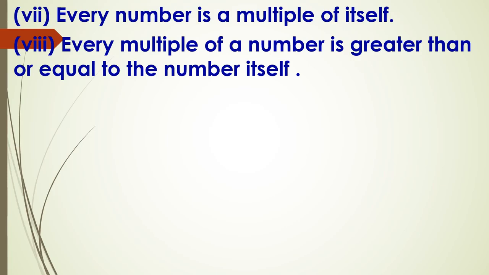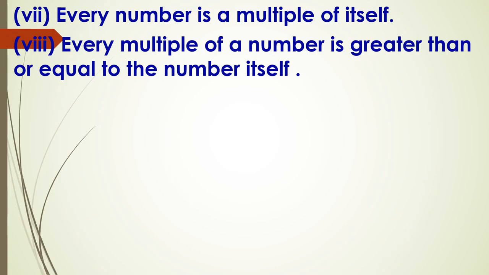Every multiple of a number is greater than or equal to the number itself. Factors we have done, same number or less than that number. But multiples are always greater.